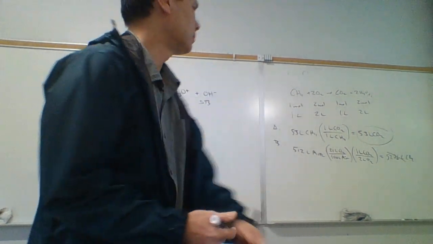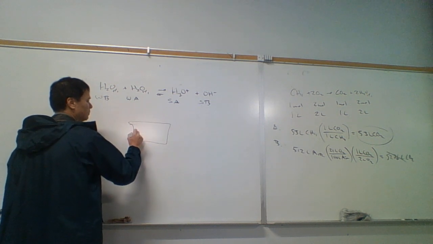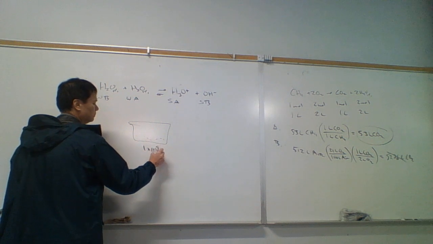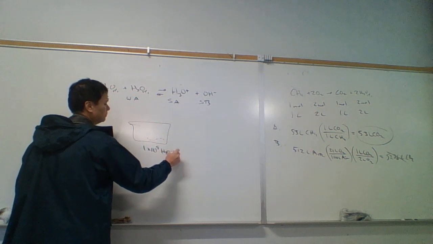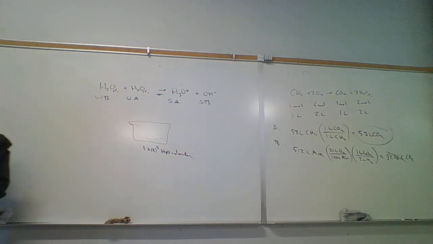And so let's say I put a billion water molecules in this beaker. Do they all have the same energy? No. There's going to be a small fraction that have much higher energy.